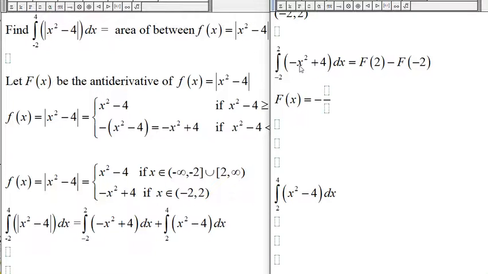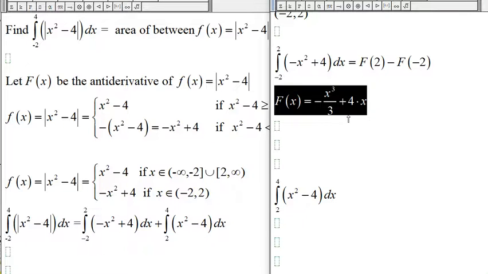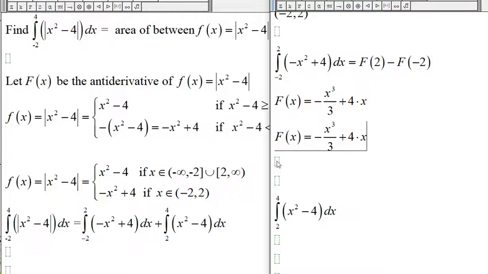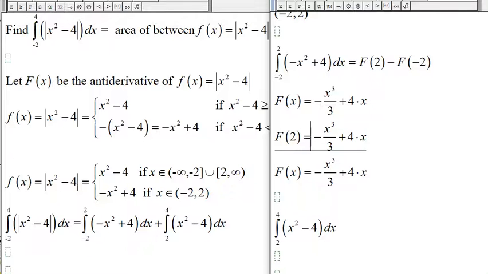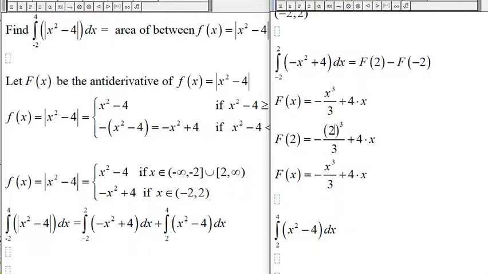The antiderivative of x squared, again, add 1 to the exponent, and we get x to the third divided by 3. And then the antiderivative of a constant is just the constant times x. And then now we need f of 2 and f of negative 2.